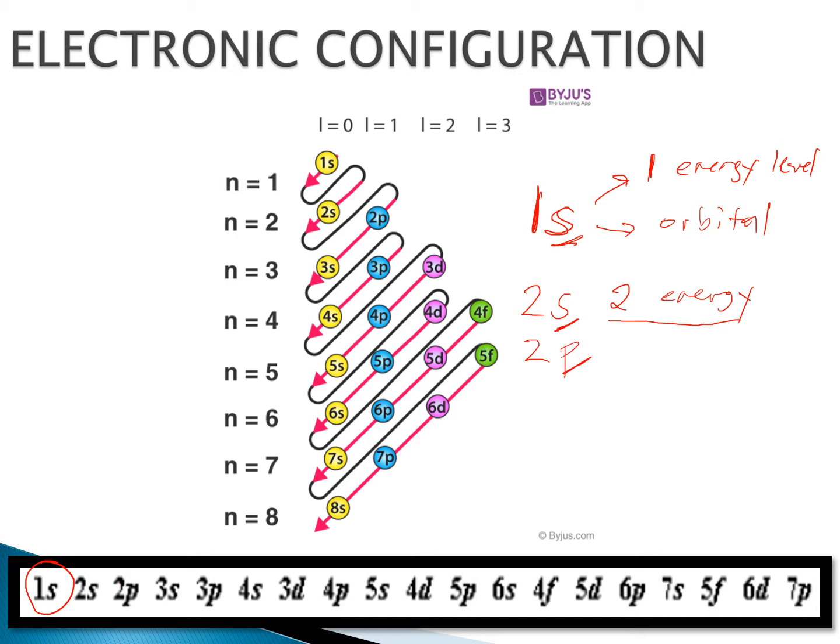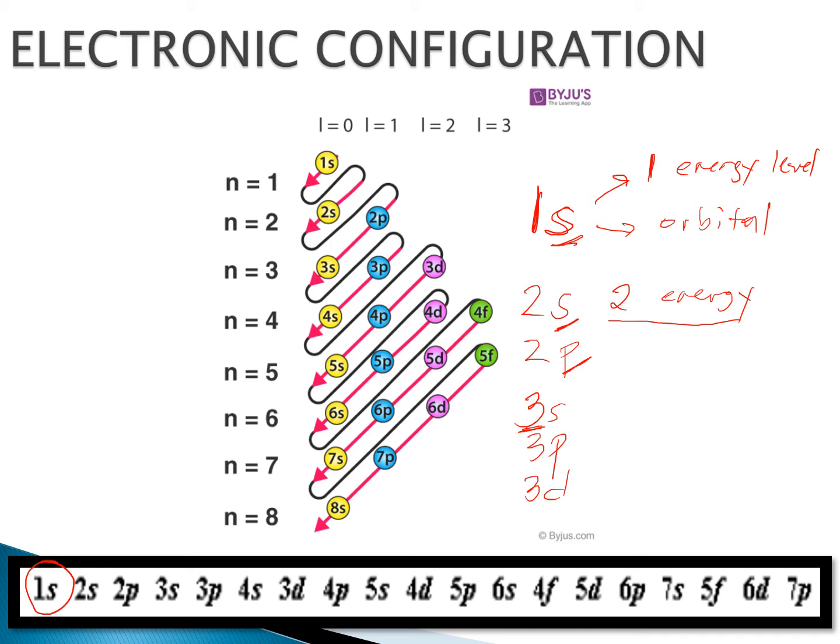Next, for the third energy level, we have 3s, 3p, and 3d. Number 3 corresponds to the energy level, and the third energy level could have 3 possible types of orbital. It could be s, p, and d.